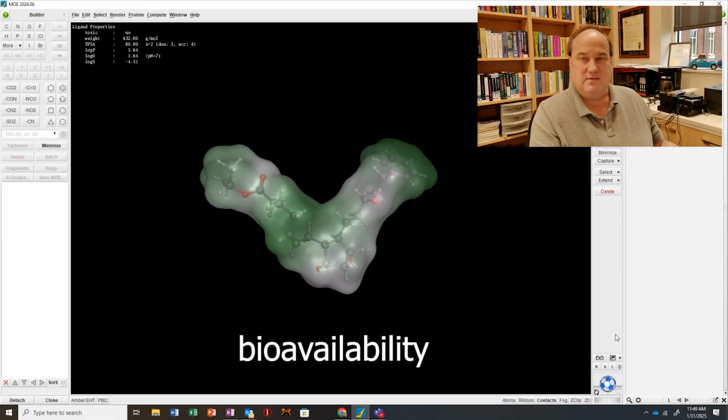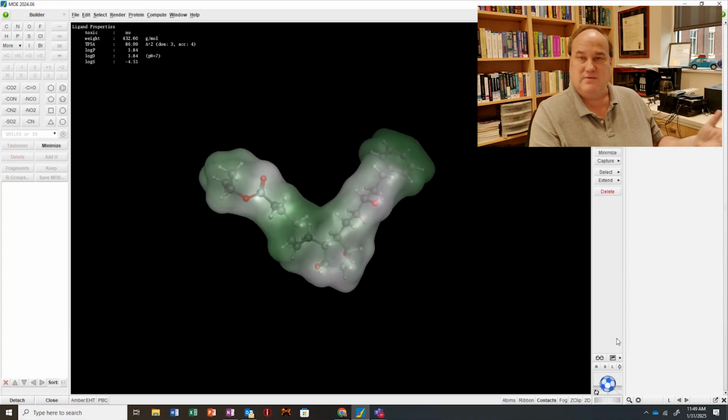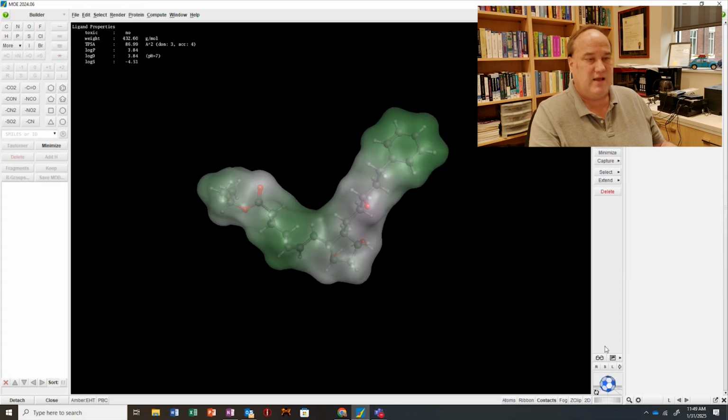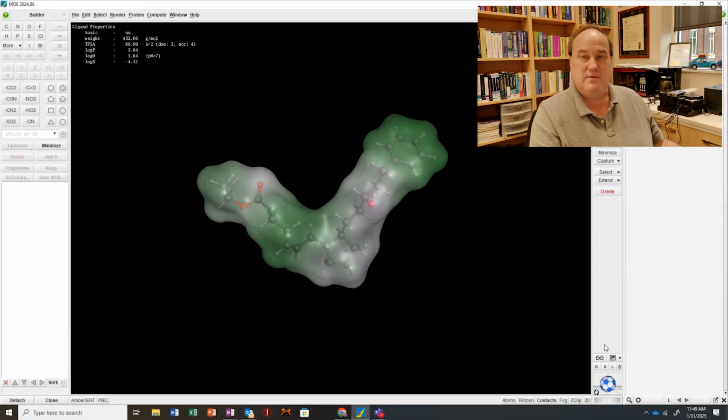And that means that it's able to get absorbed into the system. It increases its oral absorptivity. Of course, latanoprost is not orally absorbed because the target is the eye. Well, the eye happens to be right above your mouth. And so instead of taking a pill, this is commonly given as eye drops.